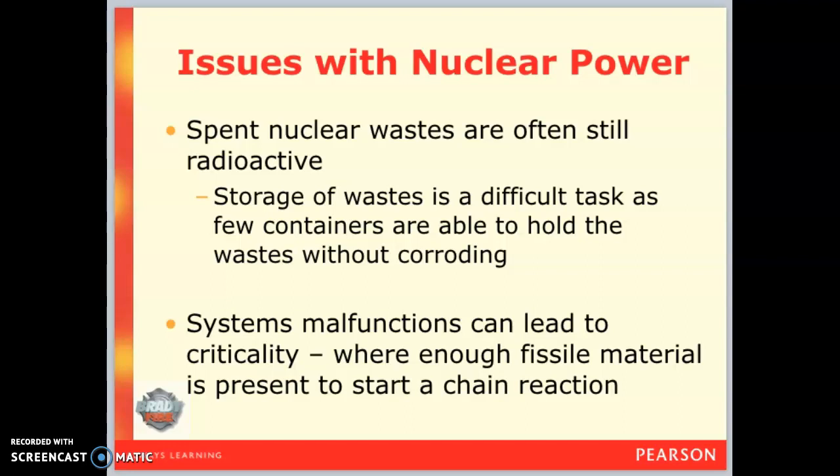But when the plant is operating properly, we're well below a critical mass, so that part of the problem isn't really something that we have to deal with. But if something goes wrong, if there's a systems malfunction, then there can be enough fissile material present to start a chain reaction, and that's when things can go awry.